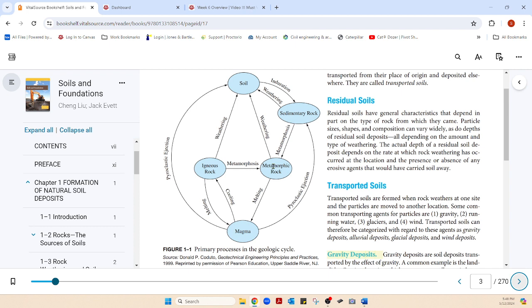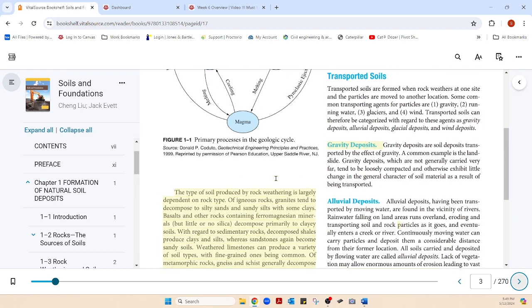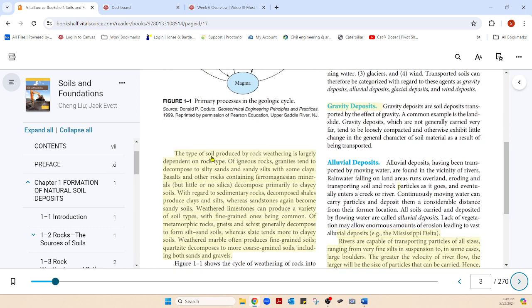It involved the iron, I forget exactly. And then the sedimentary moving into metamorphosis, and then sedimentary moving into soil. And we'll get into what kind of soil comes from sedimentary rock, what kind of soil comes from igneous rock. I don't think we talked too much about the soil coming from magma. I would think that's a lot more porous, but I don't know. So the type of soil, maybe we'll get into it now.